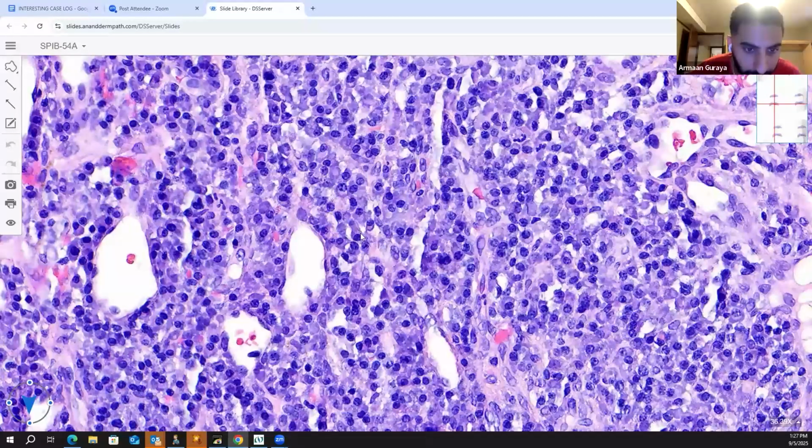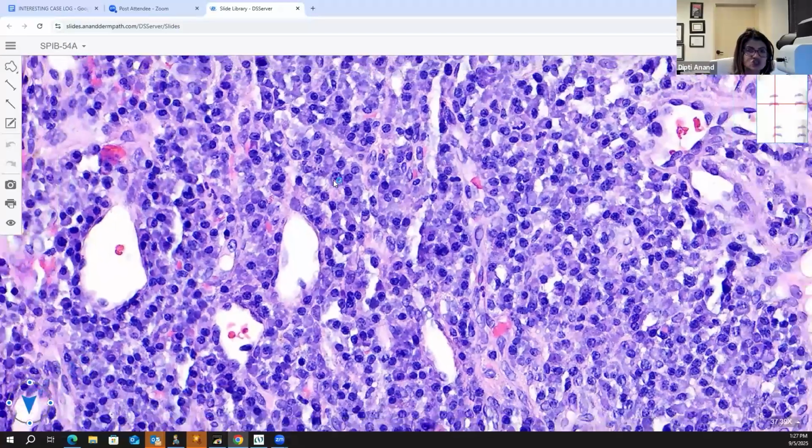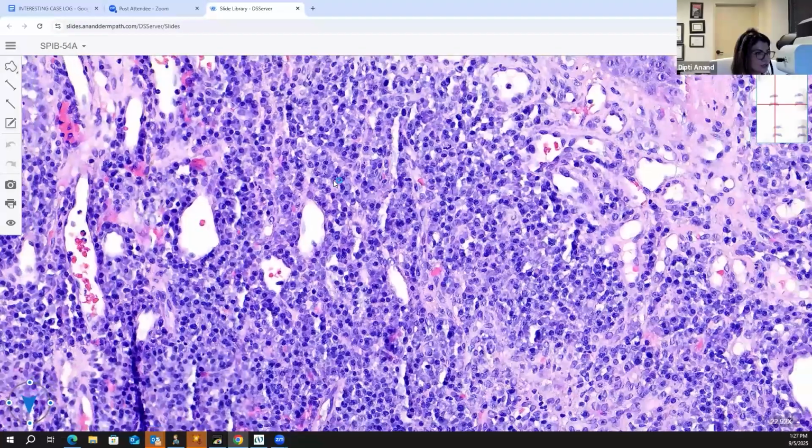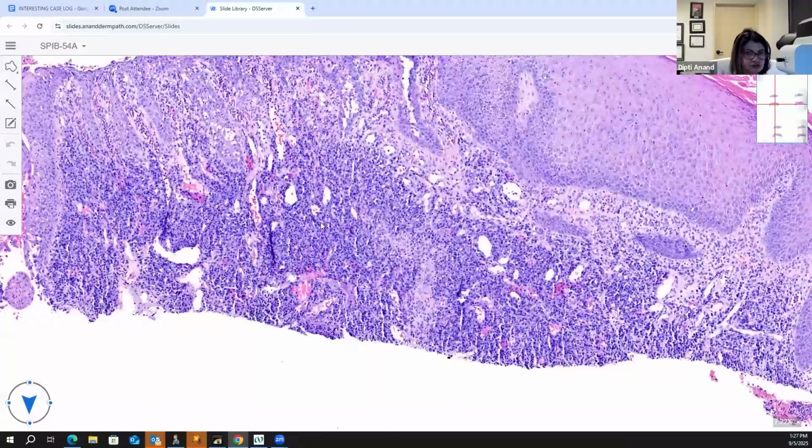Nope. Oh, plasma cells. They're a sheet of plasma cells. The plasma cells are present here because of the location of the lesion. The plasma cells are not disease oriented here. You may or may not see plasma cells in patients with these, but they are not important to the slide. They are a distractor.